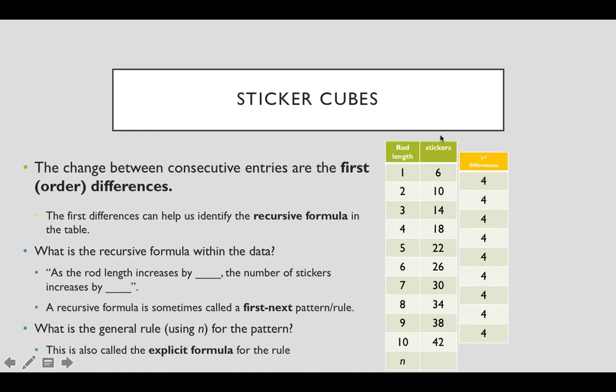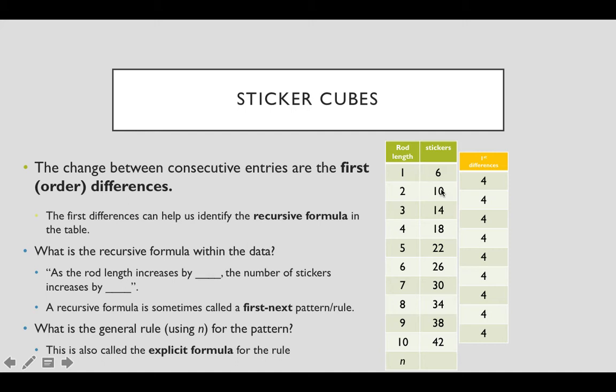Knowing that when there are 0 cubes there are going to be 2 stickers can help us think about what's going on here. Because what that tells me is no matter what, I'm going to multiply the rod length by something, and I have to add 2. So I can think about what happens if I've already added 2. If I've added 2 to get 6, then before I added 2, there's a 4 here.